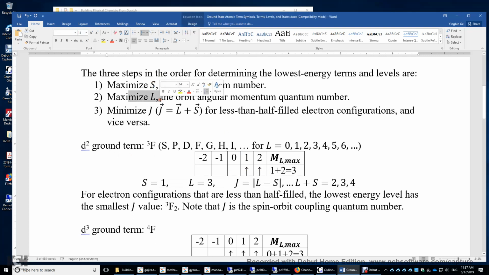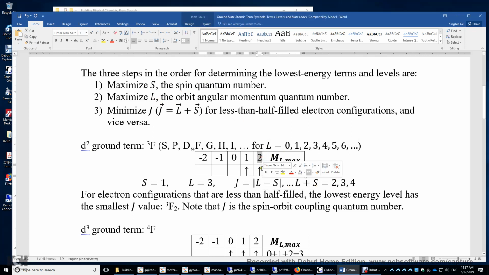Rule 2, now we need to maximize L. How do we maximize L? What you need to do is maximize the sum of m sub L. So that's why we put this alpha electron in the orbital with the largest m sub L. But do not put a beta electron here because you want to maximize the spin first. The spin is your first priority.